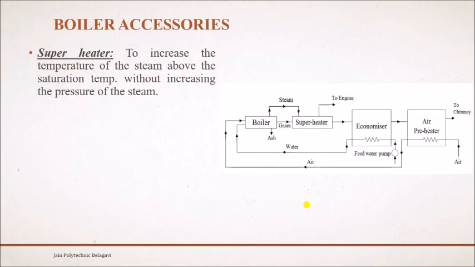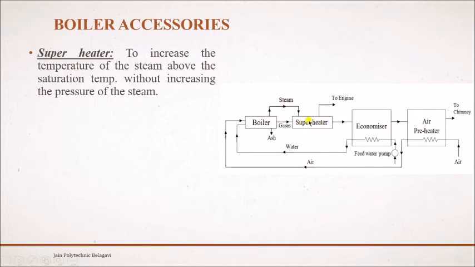Next, we'll see what a superheater is. The superheater's function is to increase the temperature of the steam above the saturation temperature without increasing the pressure of the steam. You can see here, this is the superheater. The steam that is coming out of the boiler is fed to the superheater.